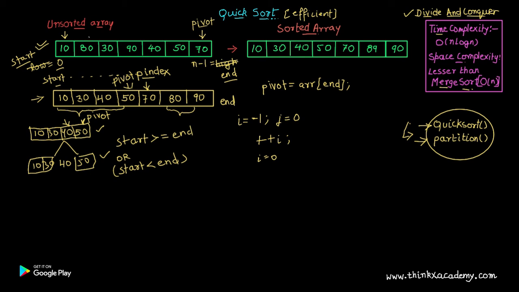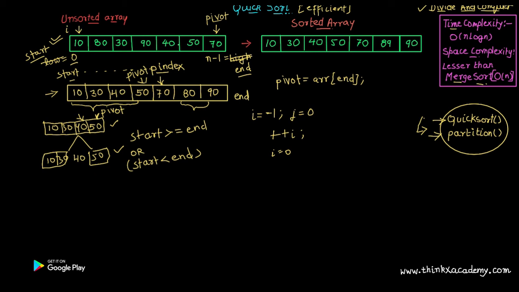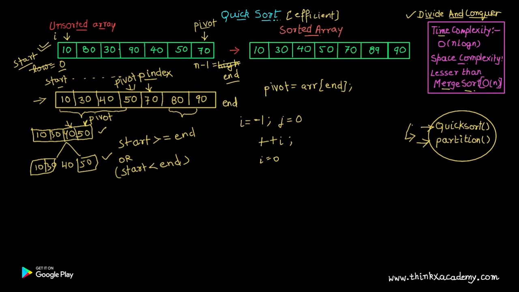The next position will be the partitioning index, and this is the value of i, so I'm just going to write i here. The basic idea is we are going to move this i position only if we encounter an element which is less than the pivot element.